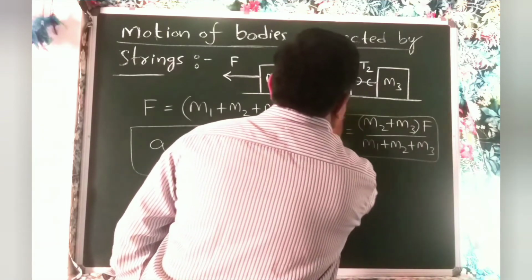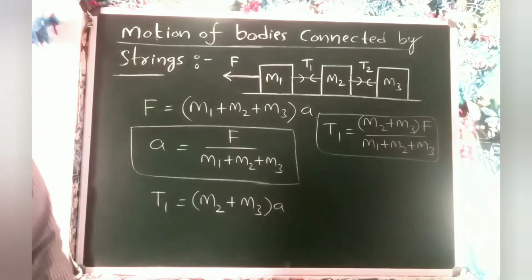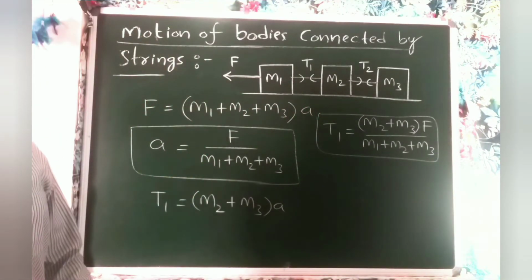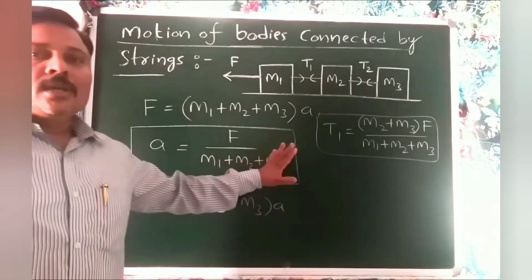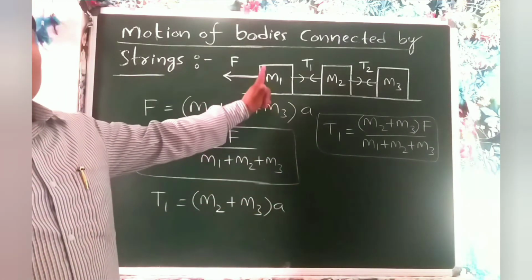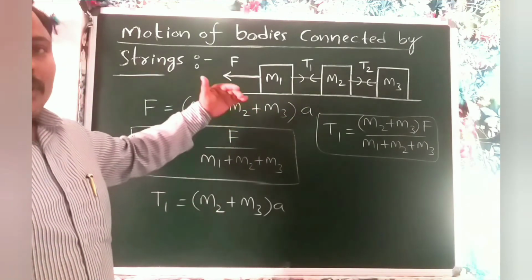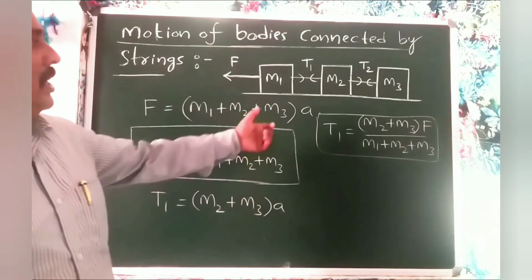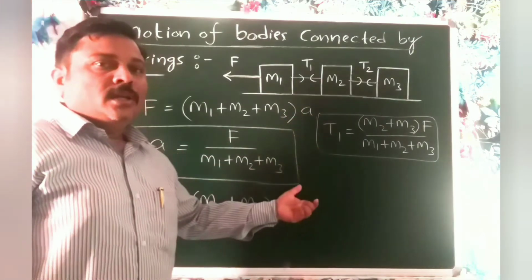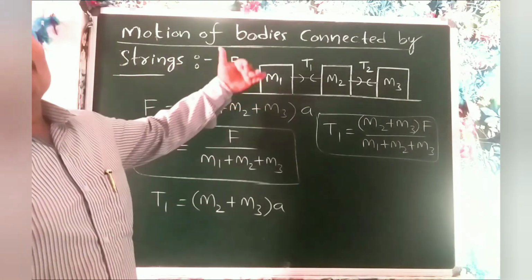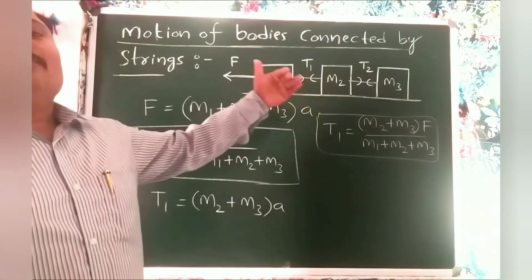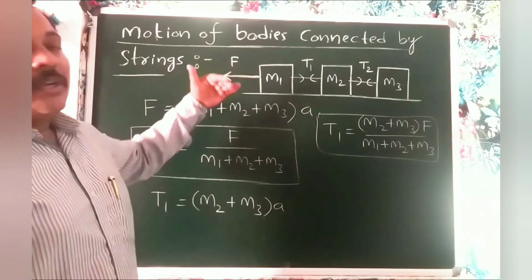This is the expression for the tension in the string. This tensional force belongs to masses M1 and M2 out of the entire system. Here T1 is the tensional force exerted by mass M1 towards M2, or exerted by mass M2 towards M1.